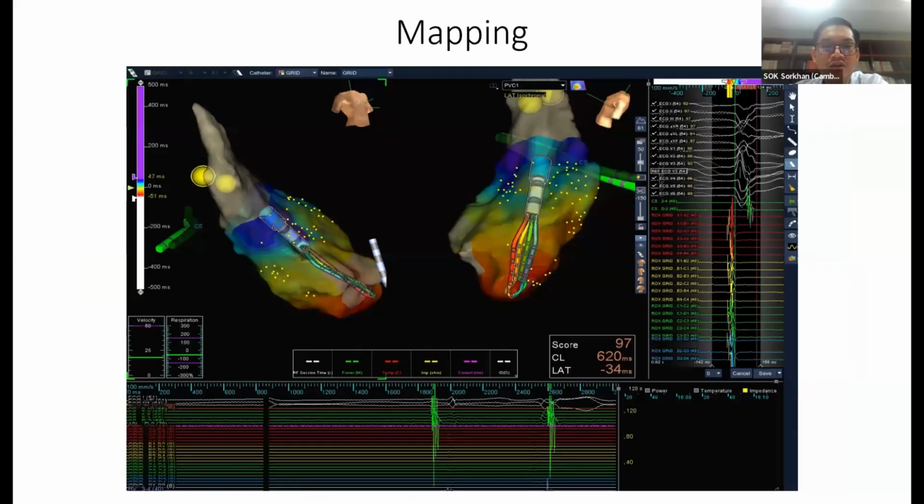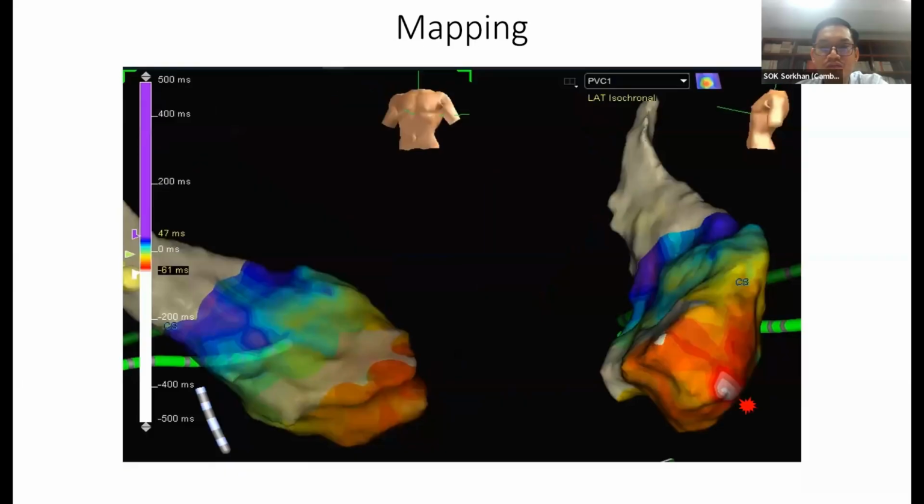So this time we used the grid catheter to map in the LV and around the papillary muscle, more apical and more basal, to get the best signal, a good point to ablate.